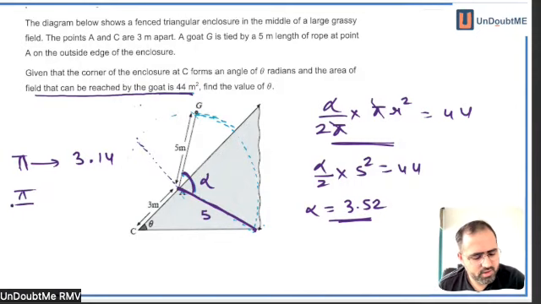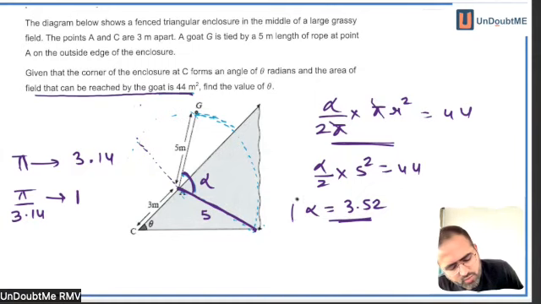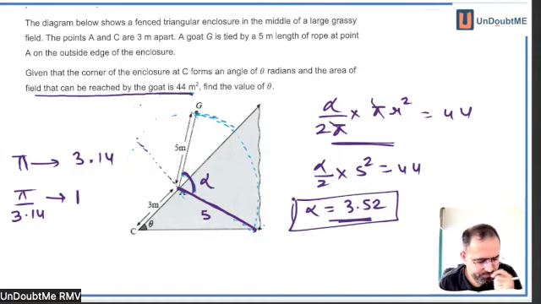So pi upon 3.14 is equal to 1. Now I have 3.52, so 3.52 times pi upon 3.14 will be the multiple in terms of pi. I'm just telling you, if you want to convert, for now we can leave it in this form only.